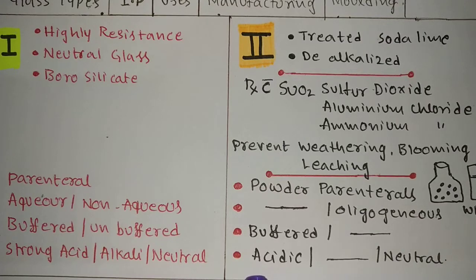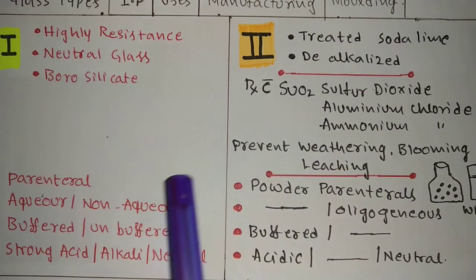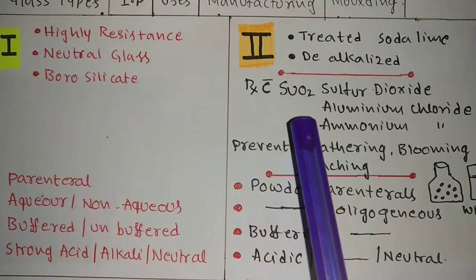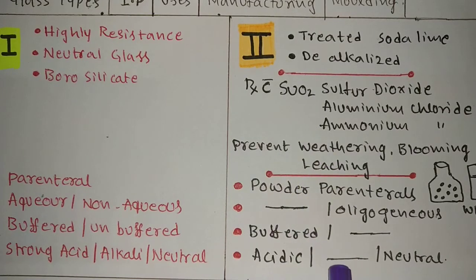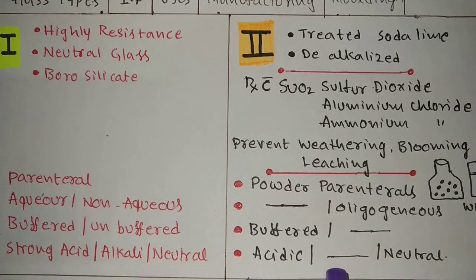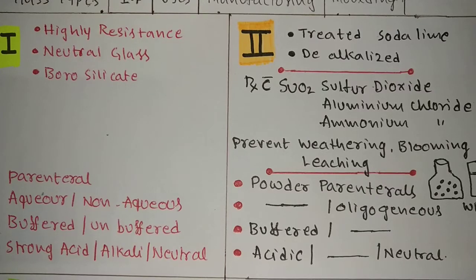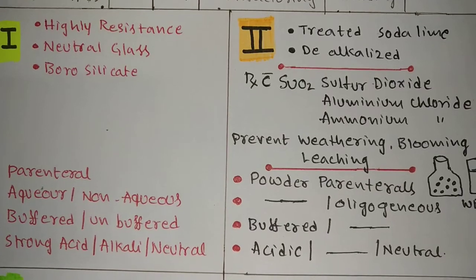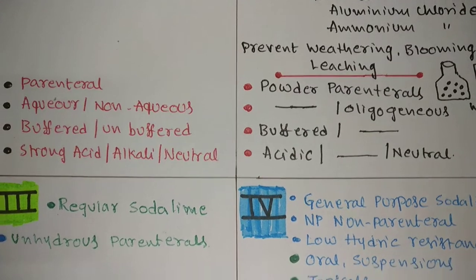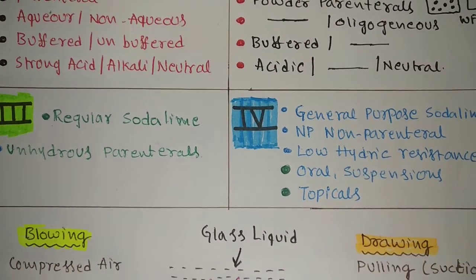Also use acidic or neutral, don't use alkali, because this has somewhat of a leachable problem when compared to type 1. If leaching occurs and we are already using an alkali parenteral, the alkali may increase, and it may lead to systemic alkalosis. That's why it should not be used for alkali parenterals. Next we will see type 3 and type 4.